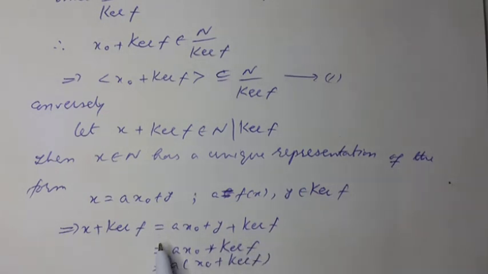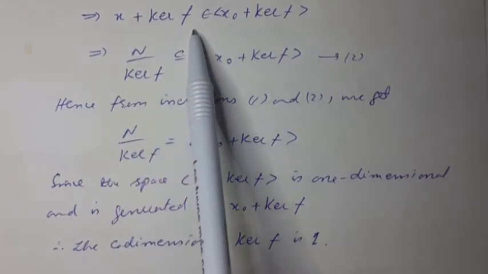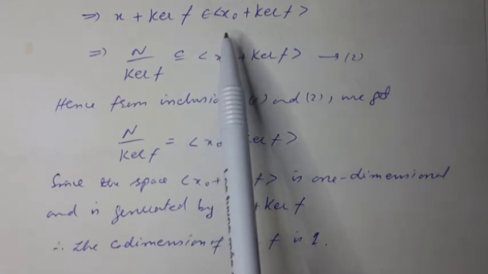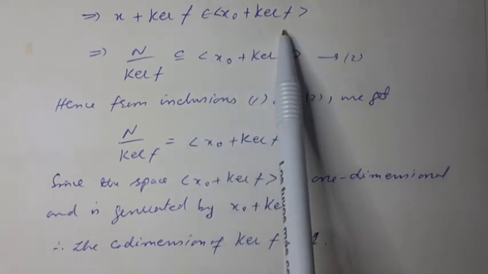Note it. And it can be written as equal to a x naught plus kernel f because y belongs to kernel f. And it can be written as equal to a into x naught plus kernel f due to cosets. This implies x plus kernel f belongs to the space generated by x naught plus kernel f.